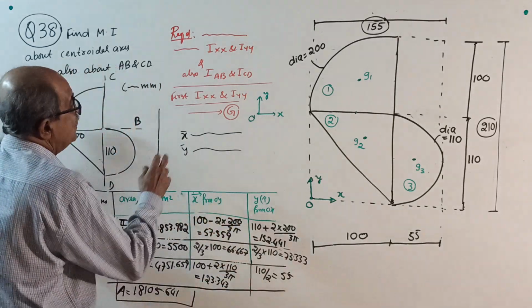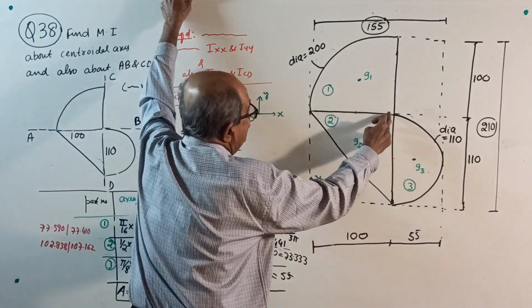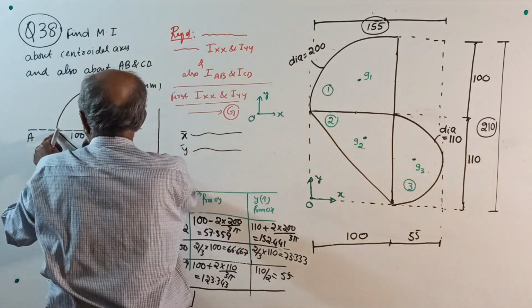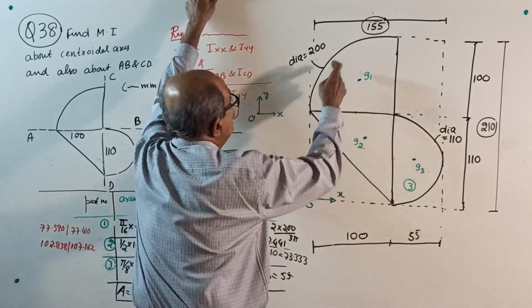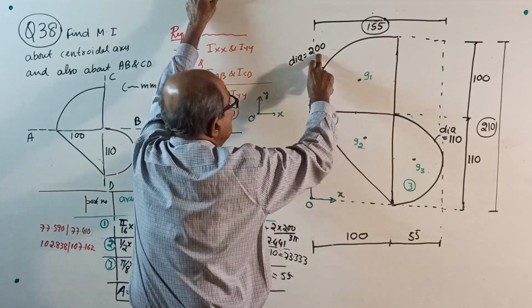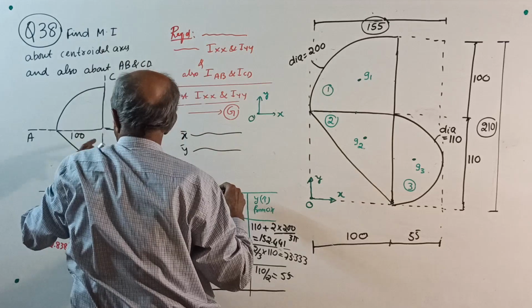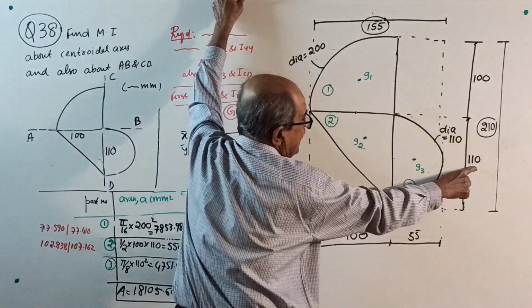Okay, start. Part number 1, part number 2, part number 3. See here, they told 100 here, so 100. The 100 is also the radius. So for this quadrant, when this is 100, the diameter becomes 200. Then for this triangle, 100 by 110.